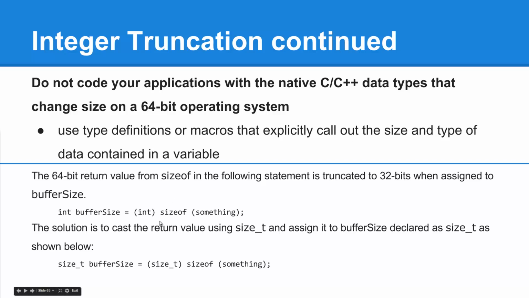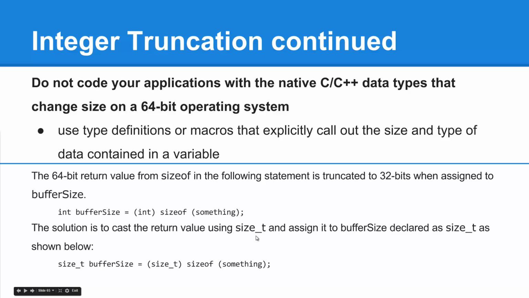Furthermore, it's pretty common to see the following example: on some 64-bit platforms, sizeof returns a 64-bit value, and typecasting it down to an int will truncate the most significant half off, which can lead to a completely incorrect calculation of something's size.